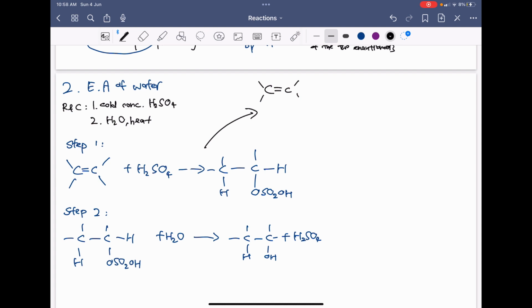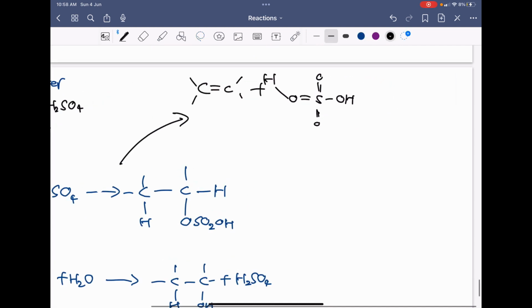Okay, so C=C, and then there's an H-O-SO2-OH. Oops, I think I'm running out of space.